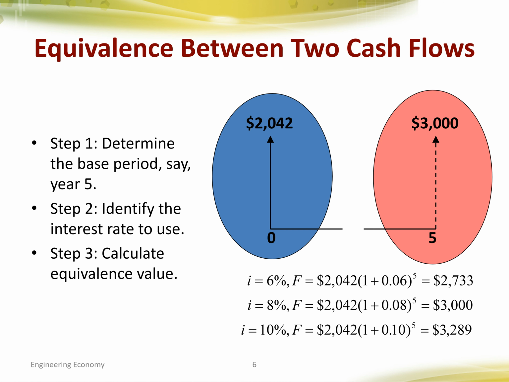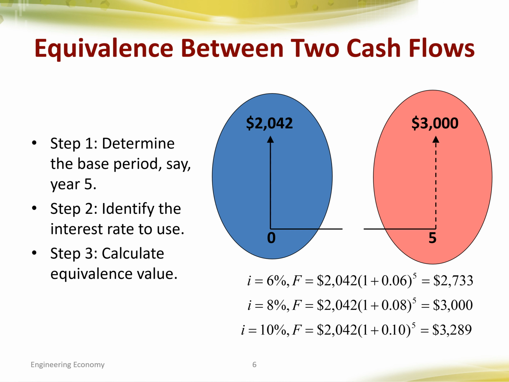We use 2042 times (1 plus 6%) to the 5th power. And you will get 2,733. But if you look at the figure, it's 3,000 there.